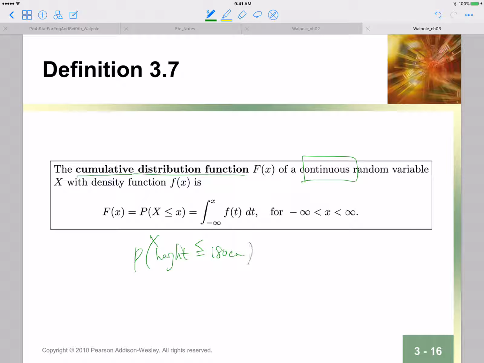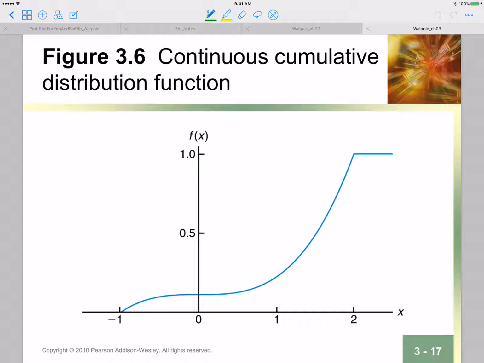In this case, it's just the integral from minus infinity up to 180 centimeter of the probability density function for our height. And in terms of plots, this cumulative distribution function can be represented in this form.